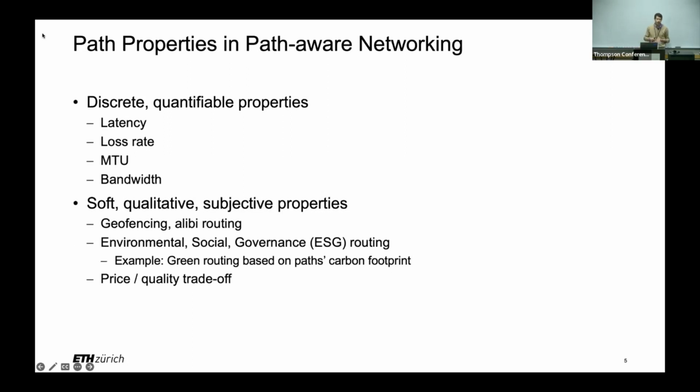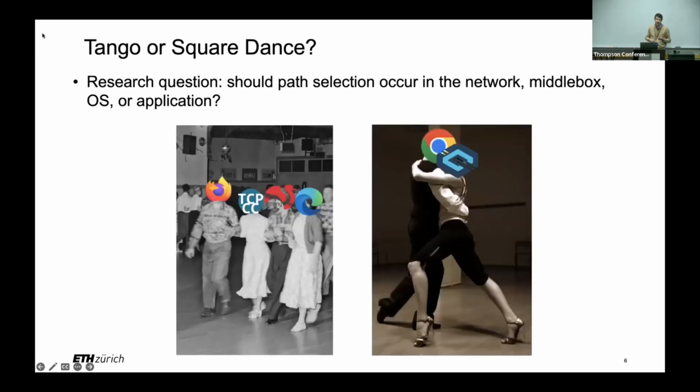These properties include geofencing, essentially avoiding some parts or some autonomous systems. We're also ensuring that your traffic stays inside an isolation domain. We also have ESG type properties, such as green routing, and performing routing based on carbon footprints, or also the price and so on. So you can imagine a lot of different types of path properties that are very much dependent on the user's preferences.